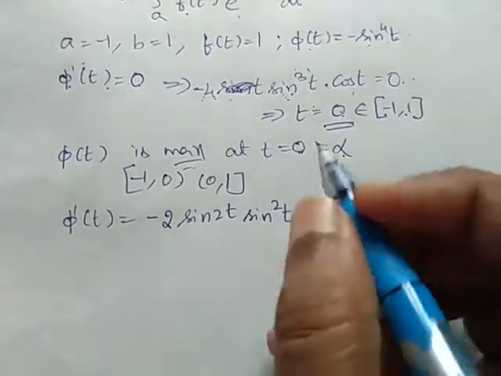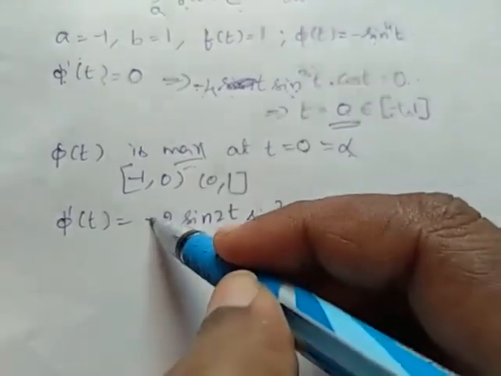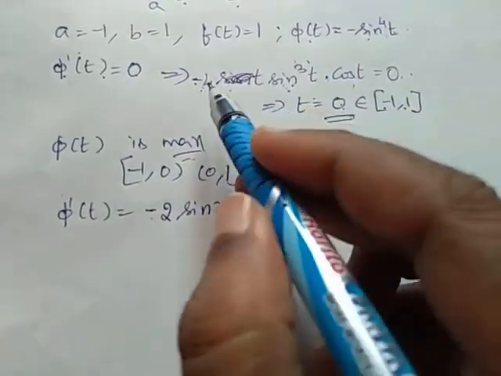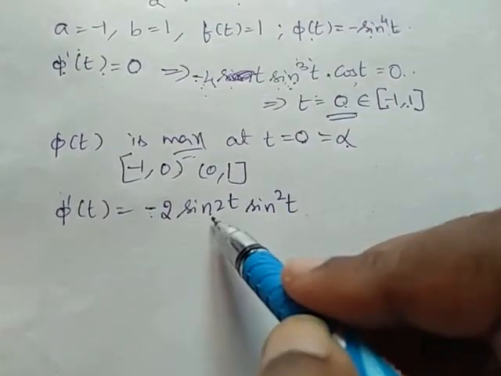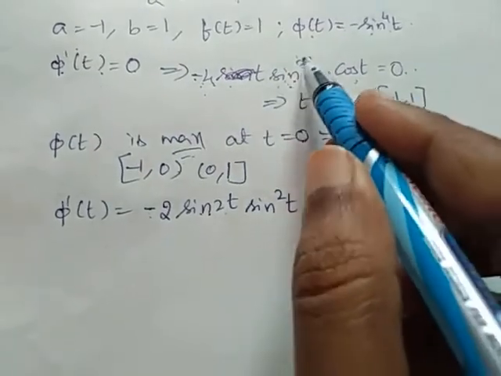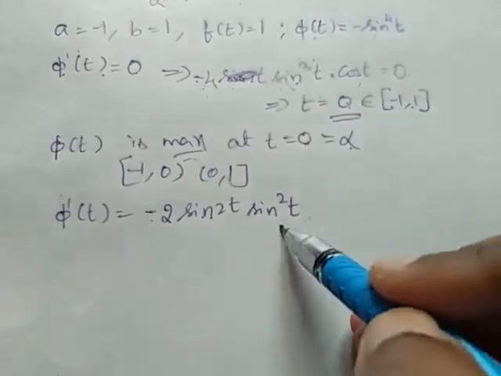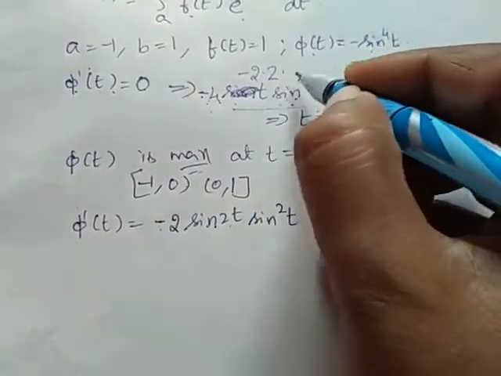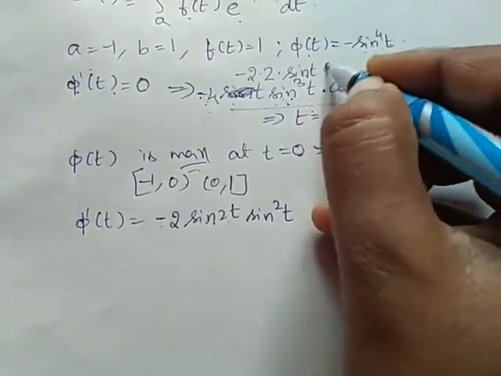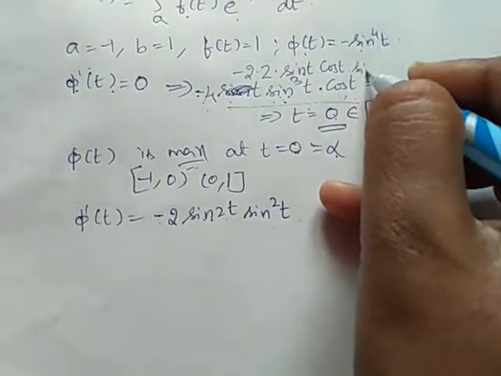We know 2 sin t cos t is sin 2t, so I have applied the sin 2t formula, and this sin cube t becomes sin square t. This I can write as minus 2 into 2 sin t cos t into sin square t.